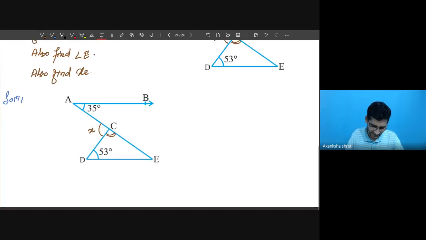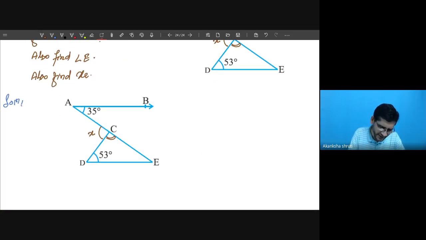Student, in this case we are observing that, now observe this carefully. I will denote it by my own color. Here in this case, this AB is parallel to DE and AE is the transversal.